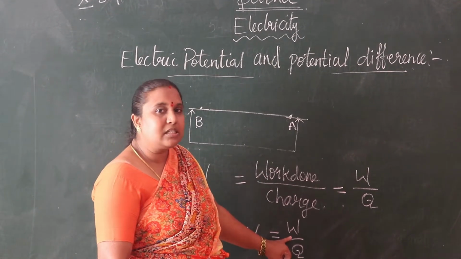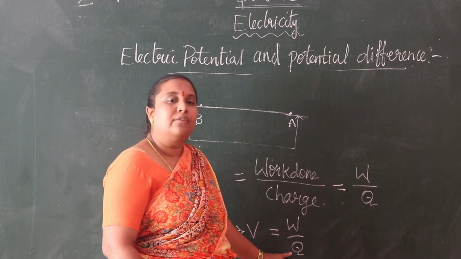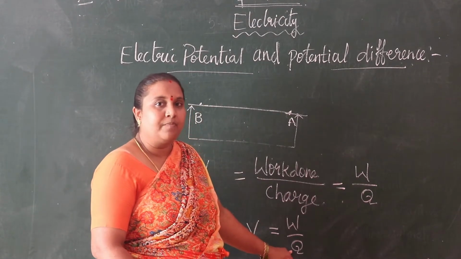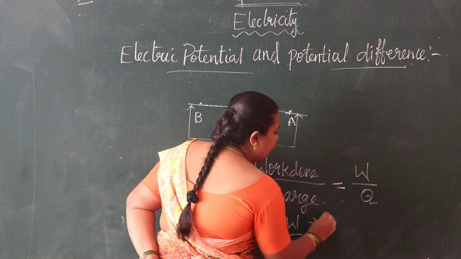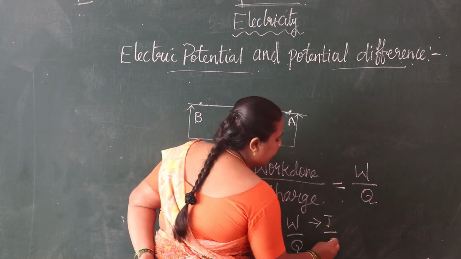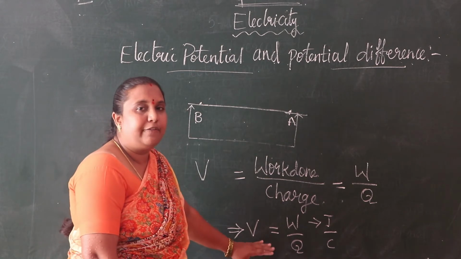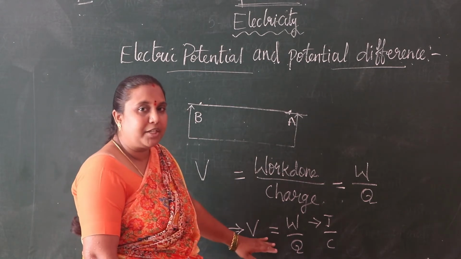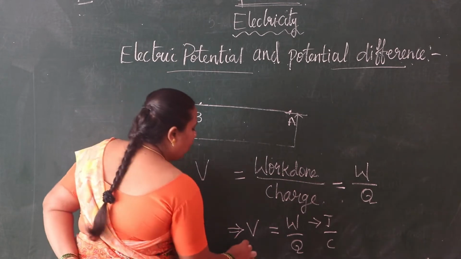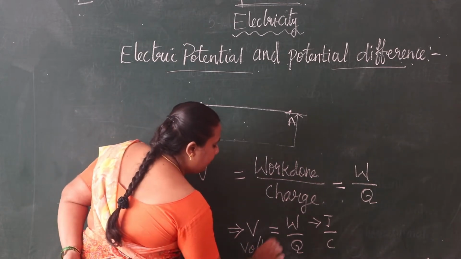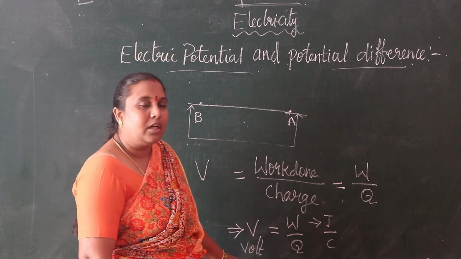The SI unit of work done is joule, and the SI unit of charge is coulomb. You all know that. And the SI unit of potential difference is volt. Understood, children?